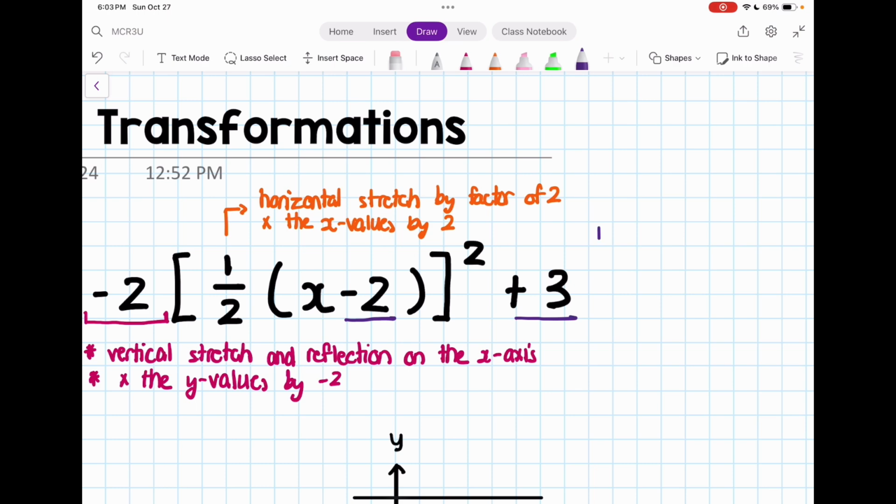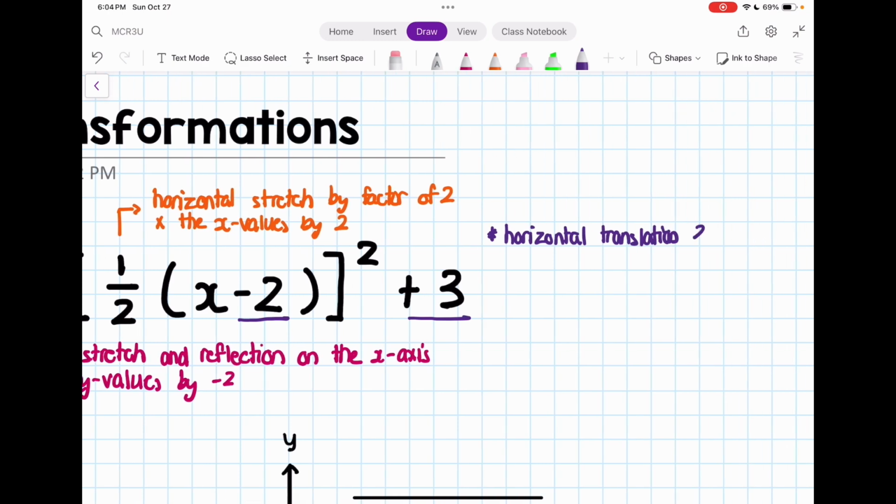So here we have a horizontal translation right by 2 units. So 2 units right.